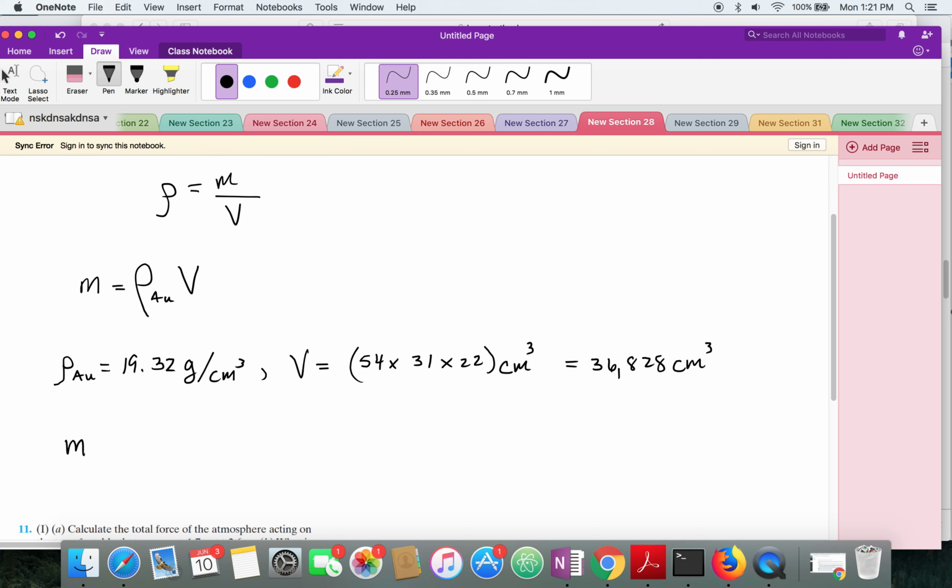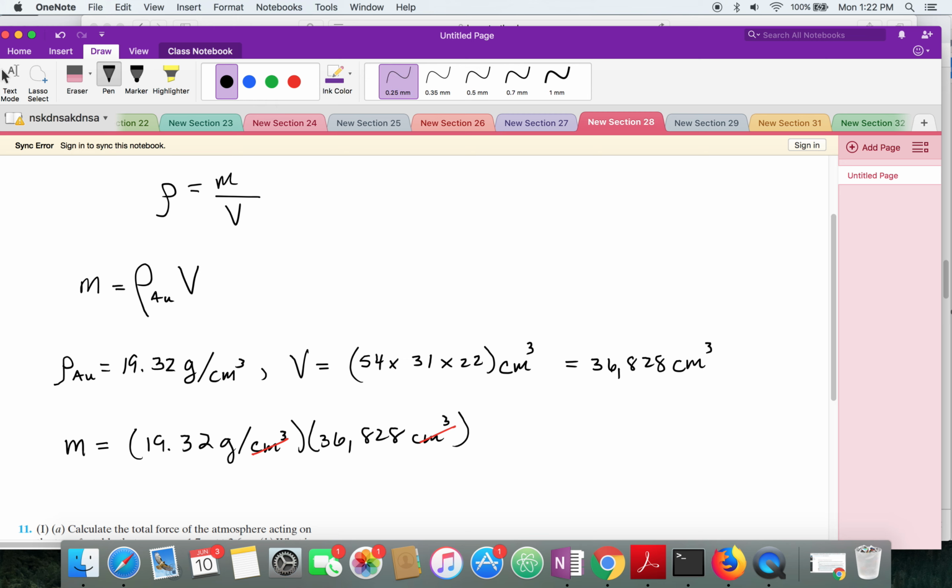The mass is going to be 19.32 grams per cubic centimeter times 36,828 cubic centimeters. The cubic centimeters, as you can see, cancel out. So we end up just multiplying these 2 numbers together, 19.32 times 36,828.